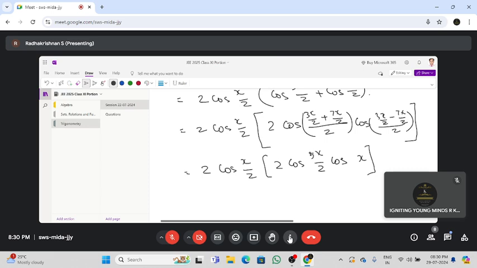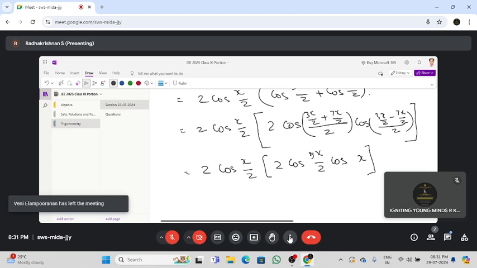But that is not correct. Look at how I have written it. Simplify this: 3x by 2 plus 7x by 2. You missed a 2. After that, you have to put by 2, right? So it is not simply 5x, it is cos of 5x by 2.